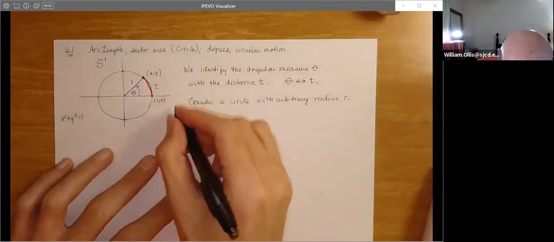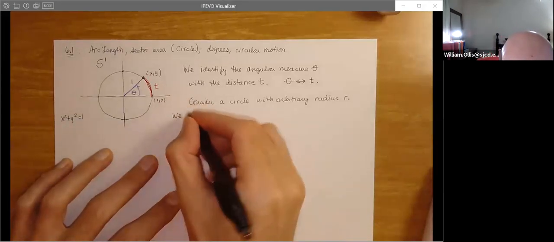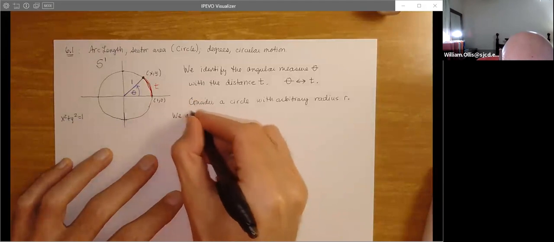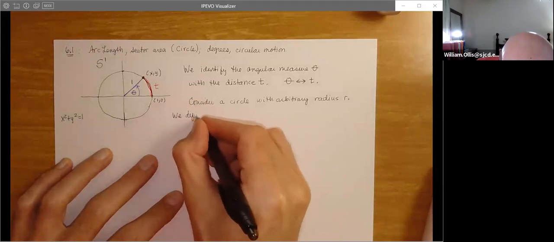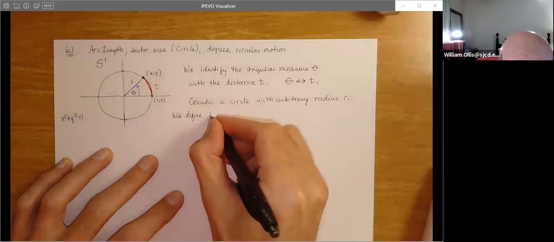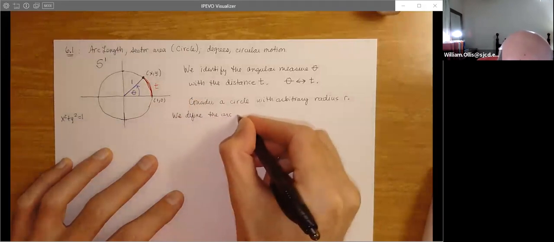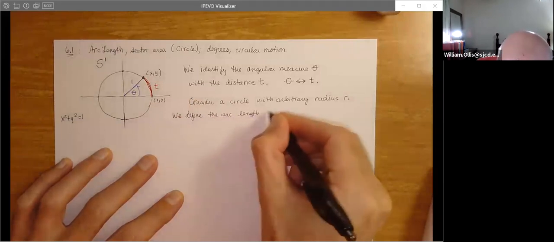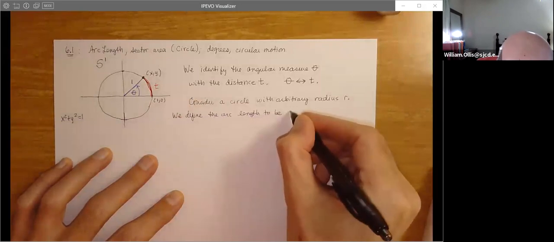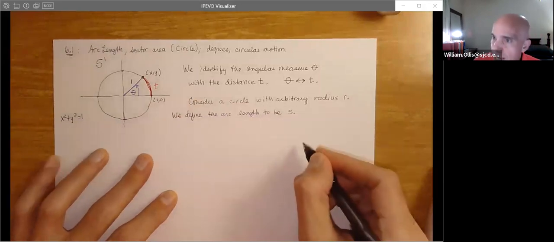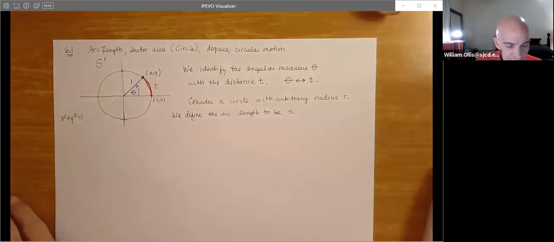So now we define the arc length to be S. So we're going to use the letter S as a replacement for T and not worry about the T anymore.